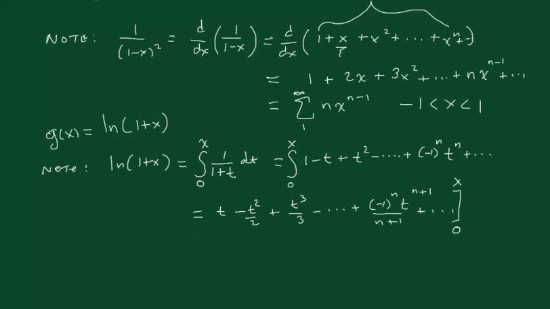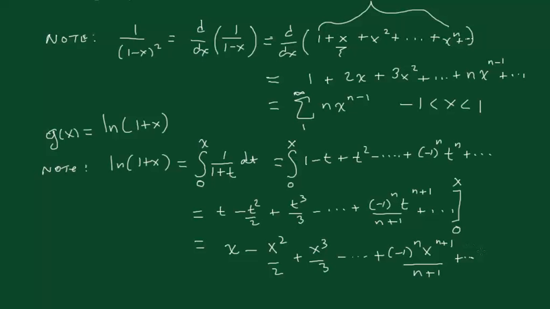Doing that, we plug in x for the t's. So we get x minus x squared over 2 plus x cubed over 3 minus ... plus negative 1 to the n, x to the n plus 1 over n plus 1 plus ... That's when we plug in x.